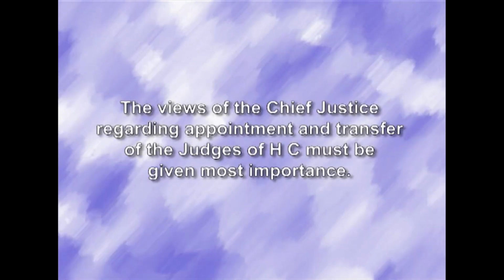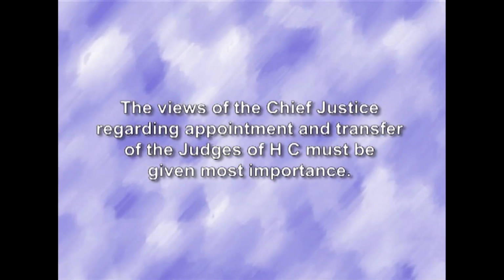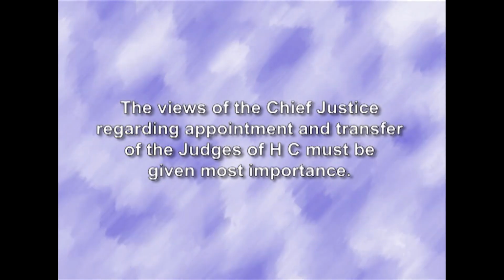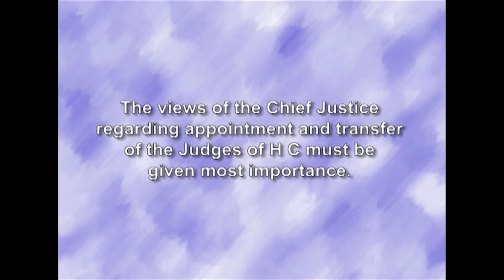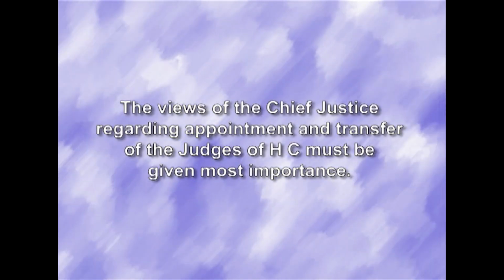Now, there was a third case known as the third judges' case, but it was actually a reference. That means the President sought an advisory opinion from the Supreme Court. In 1998, the Supreme Court reaffirmed its view, saying that the views of the Chief Justice regarding appointment as well as transfer of High Court judges from one state to another, the opinion of the Chief Justice would be given the most importance.